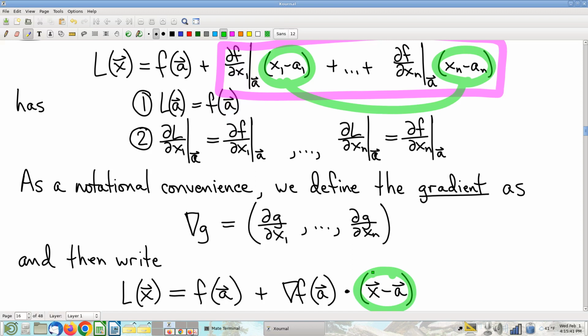We're doing a linear approximation at the point a, evaluating that linear approximation at the point x. You look at the vector x minus a and find its various coordinates: x1 minus a1 is the first coordinate, x2 minus a2, etc., xn minus an. So these green factors in here come from literally the vector x minus a.